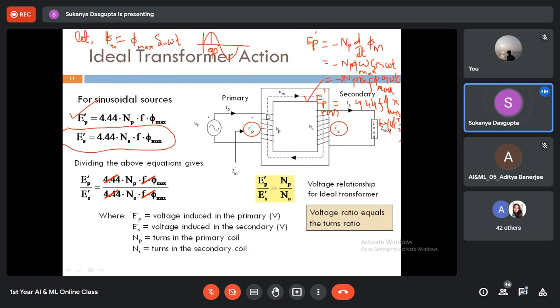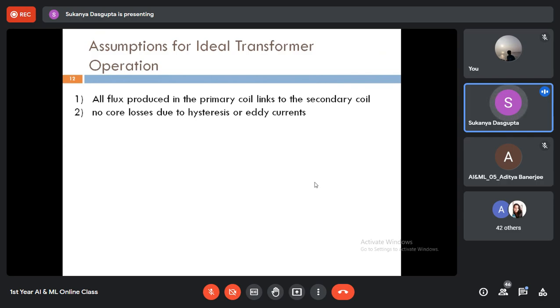Entire flux which is produced because of this alternating current at the primary side must be fully linked with the secondary coil. So there should not be any flux leakage. That is one of the most important features of an ideal transformer.